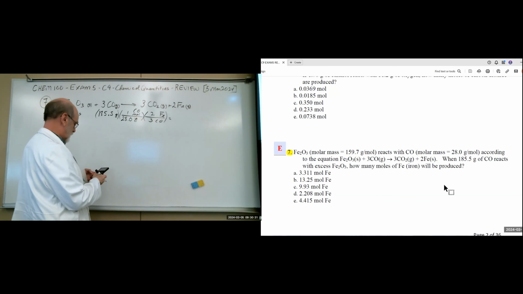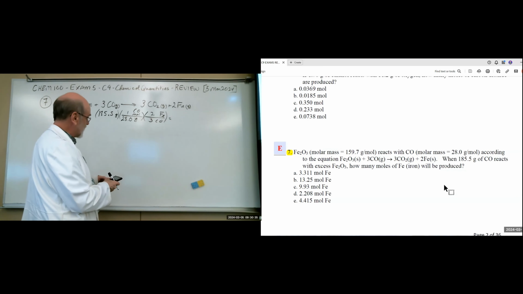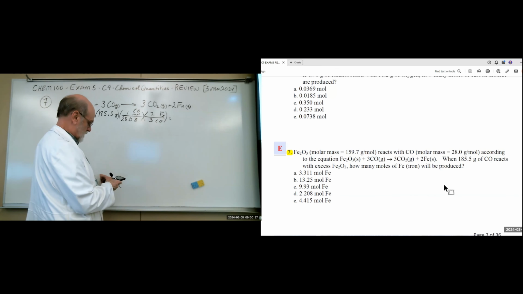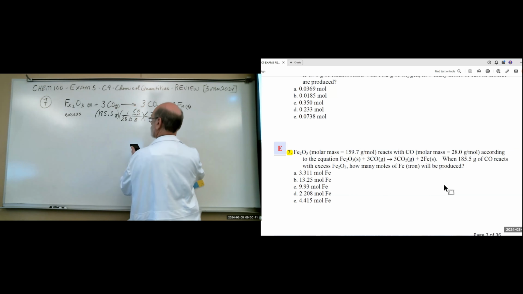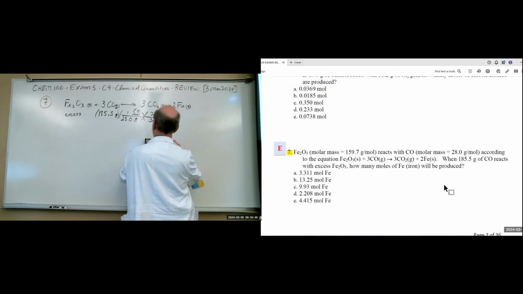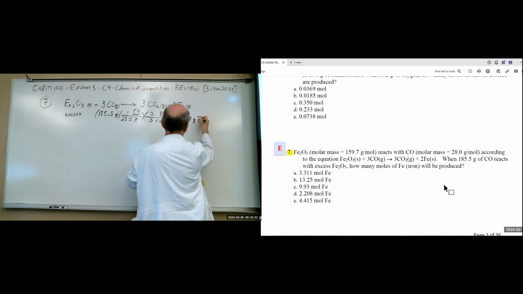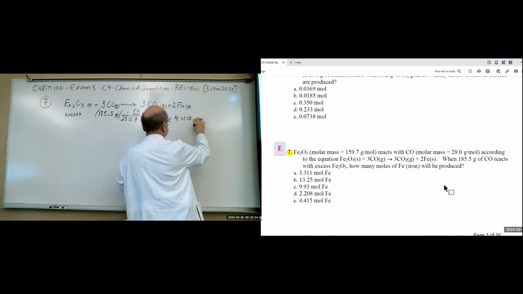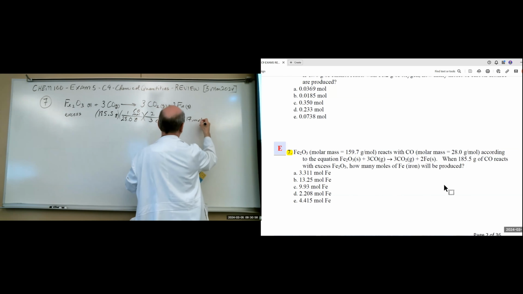Yep, that'll answer the question. 185.5 divided by 28 and then times 2 and then divided by 3 is 4.417. 4.417 grams. Excuse me, moles. Yeah, moles of iron.